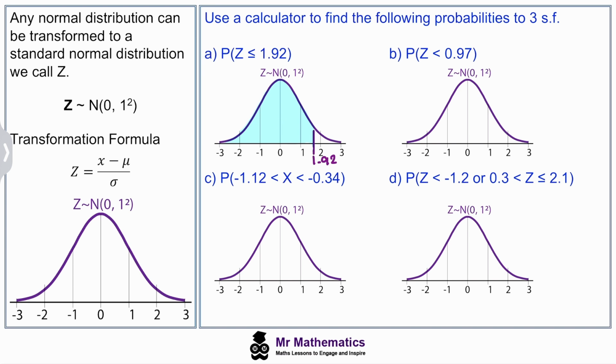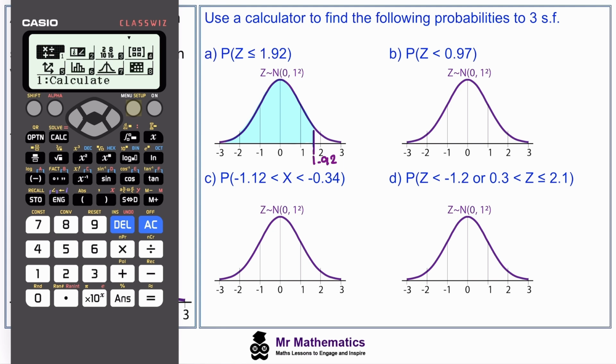So if we go to our calculators, we'll press menu, we want option 7 for distribution, we want option 2 for normal CD. Now the lower we can see is at -3. In actual fact, I could put in any value less than -3. The upper is the value of 1.92. We know the standard deviation is 1, and we know the mean is 0. So we get the probability is 0.971 to three significant figures.